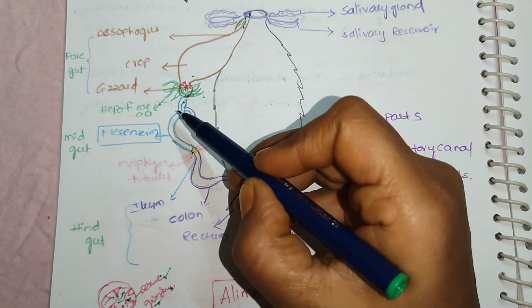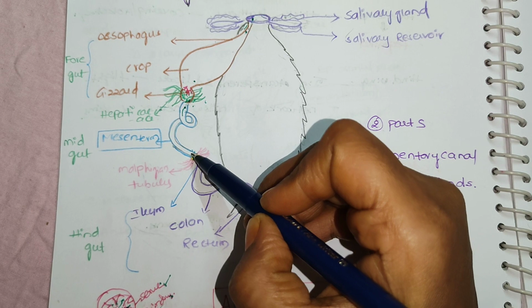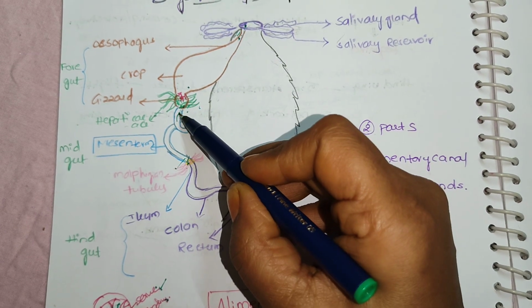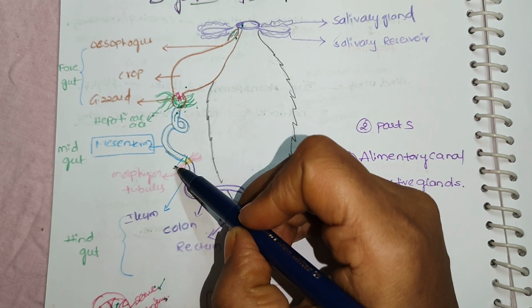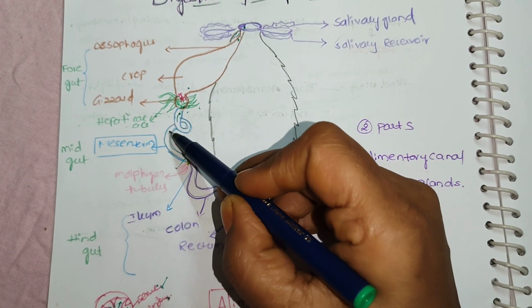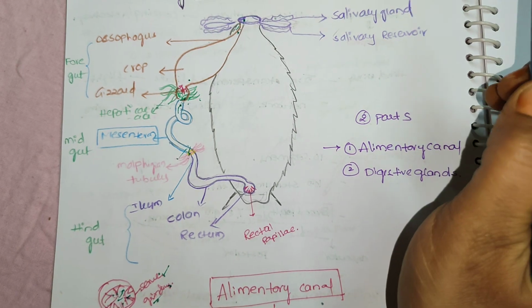It has two parts, the anterior part and posterior part. The anterior part is useful for the secretion of enzymes. The posterior part is for absorption of the food in the mesenteron.